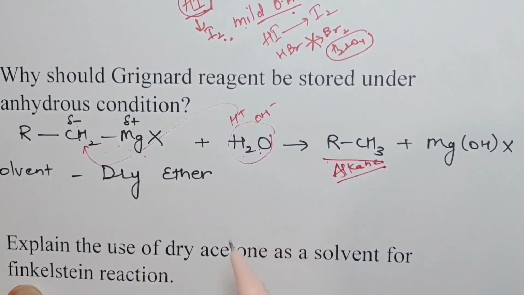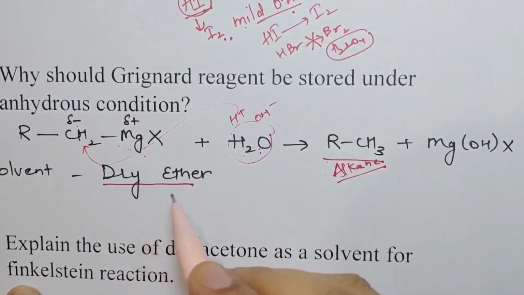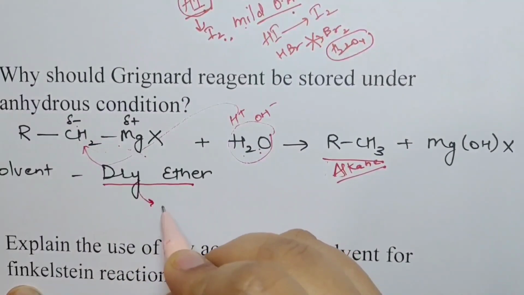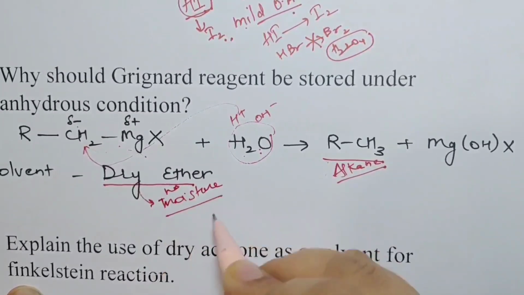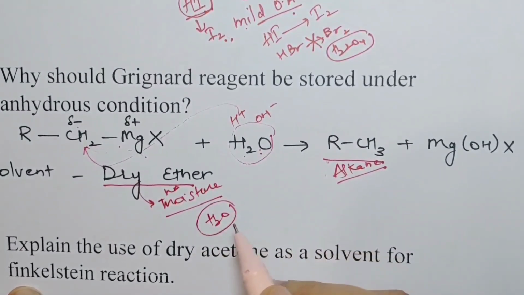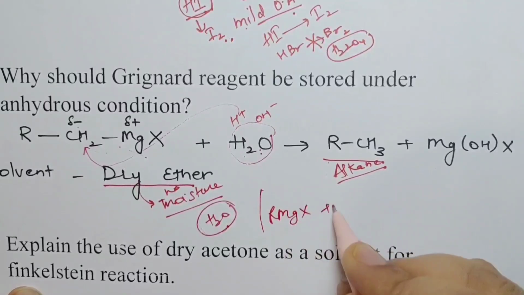For this reason, the solvent that we use while carrying out Grignard reagent reactions is dry ether. Dry ether doesn't mean that it's not liquid. It is very much liquid, but dry means that it does not have moisture. That means no water molecules. Because if there is water in the solvent, then again, let's say you wanted to combine RMgX with RCN.